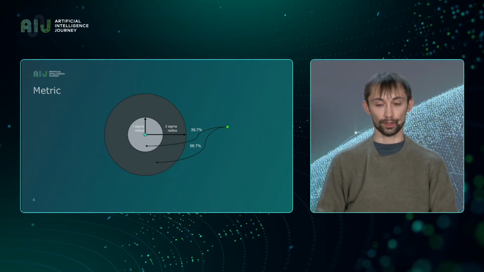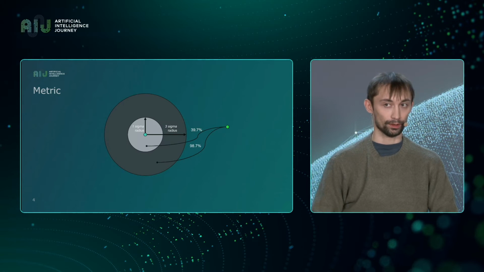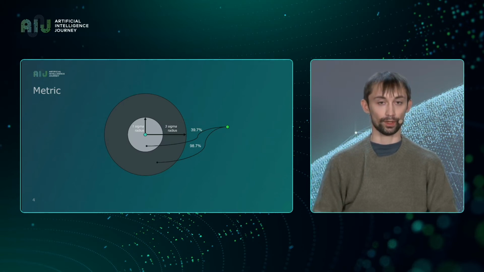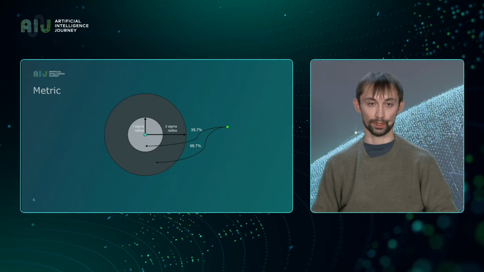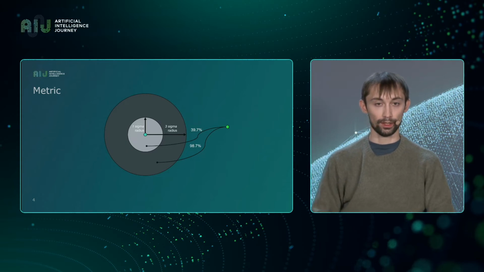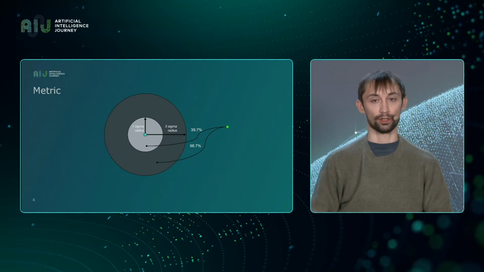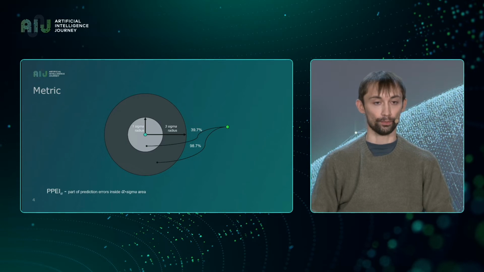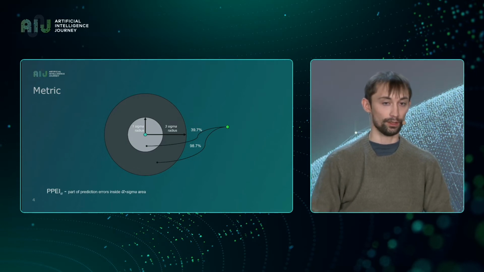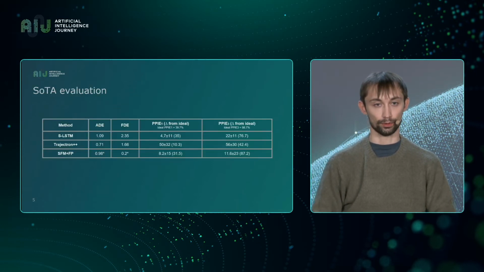This is our target. In order to check how the current approaches can tackle this, we can try to forecast these sigma radii based on a dataset and compute what the actual number of positions within the radii is. Let's call this metric the part of prediction errors inside alpha sigma radii.